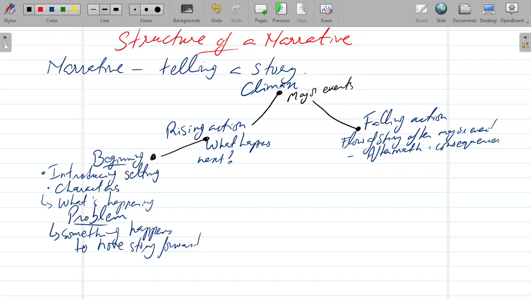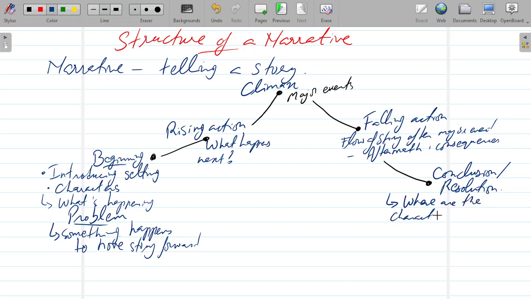And then finally, you reach the conclusion or resolution. Okay, and this is right where are the characters at the end.